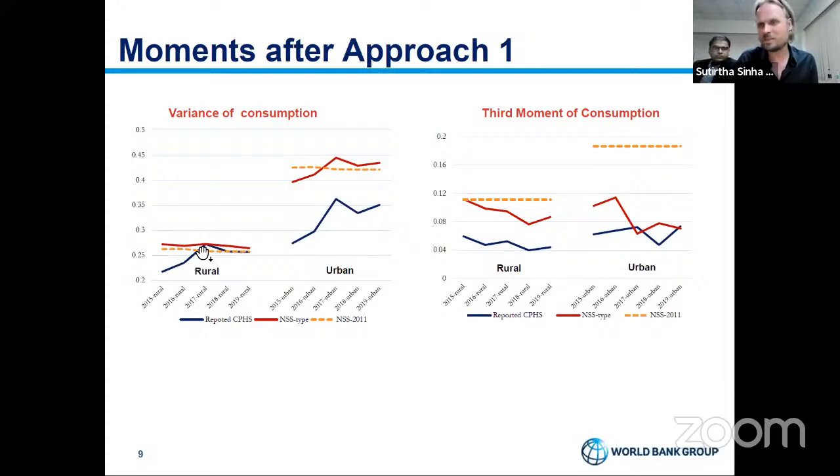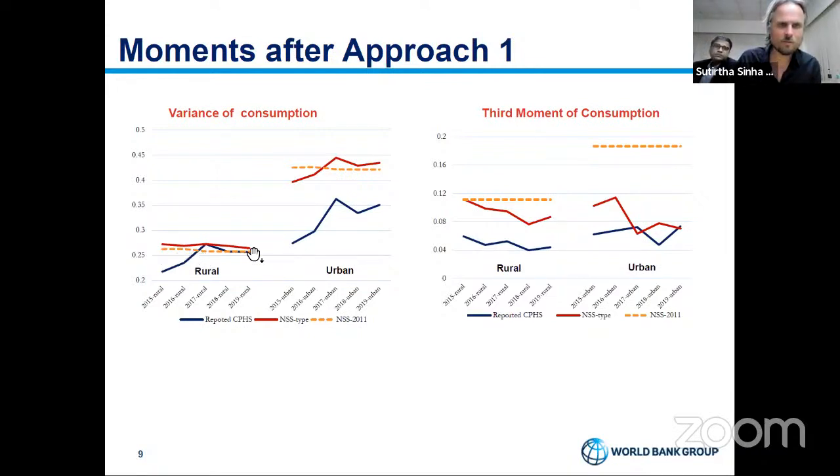So we're dealing with a nationally representative CPHS survey now, but it uses the household consumption expenditure data as collected by the CPHS without making any adjustments to it. The red line is the imputed NSS type consumption that comes from approach 1. So this is obtained by imputing NSS type consumption on the basis of the rich set of predictors that are shared between the CPHS and the NSS.